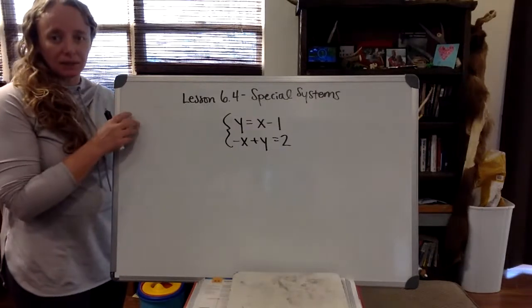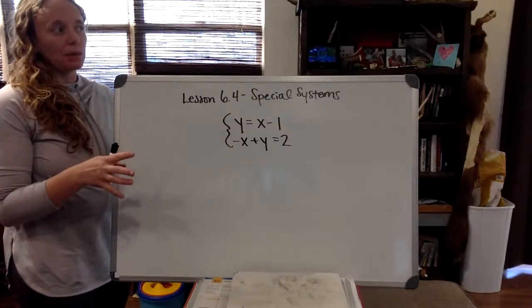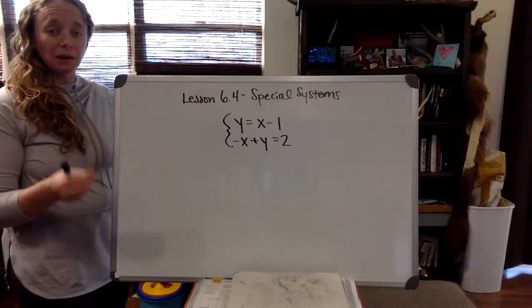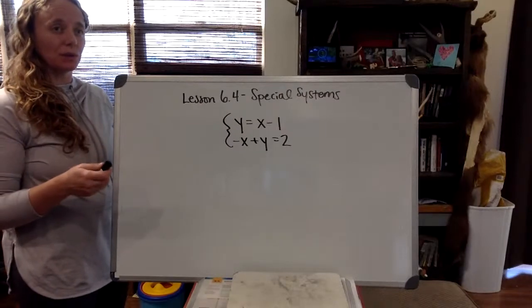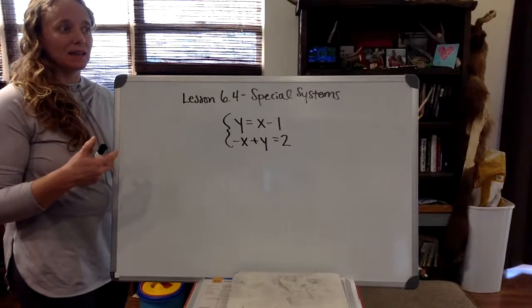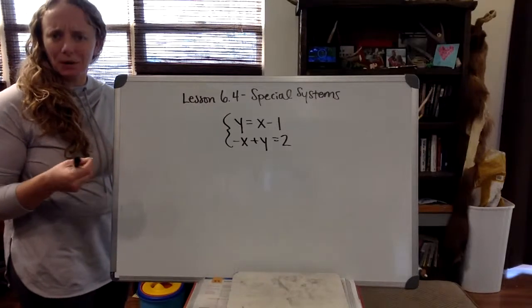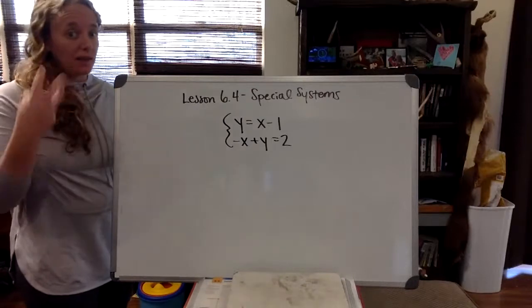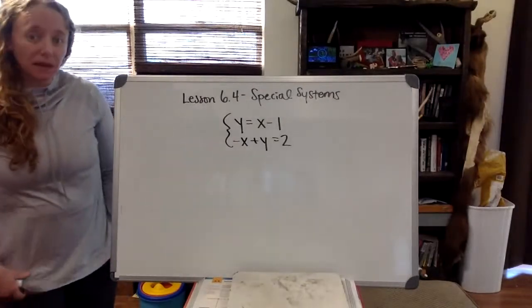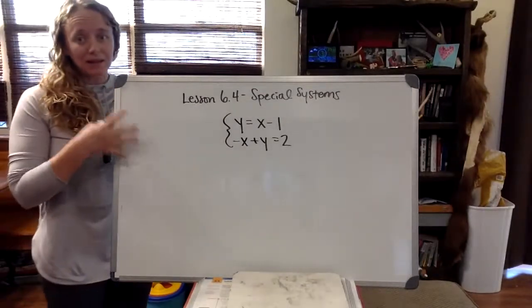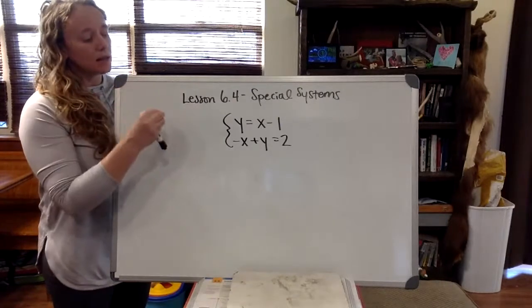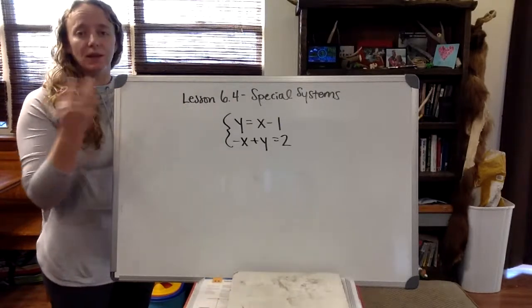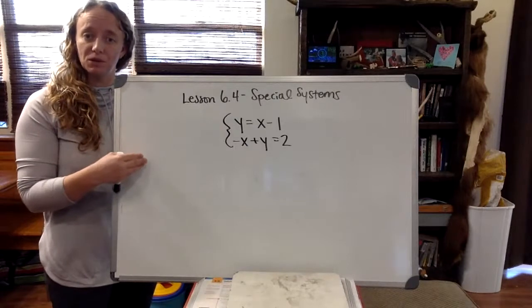We're going to be solving special systems. If you remember when we were looking at solving special linear equations, we got answers like 0 equals 21 or 0 equals 0, and the variables would completely eliminate themselves. We're going to do that same sort of idea, except this time we are looking at two equations and we need to figure out where they intersect.